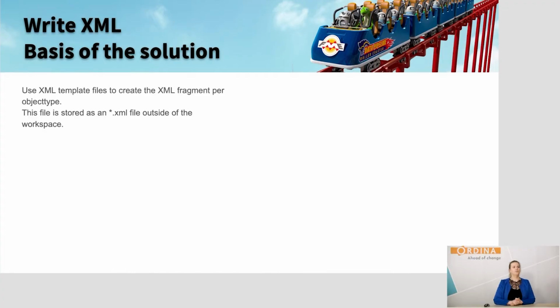So to write XML, the basis of the solution, we created XML template files to eventually use XML Fragmenter to create the XML fragment for each object type. And these files were stored as an XML file outside of the workspace.